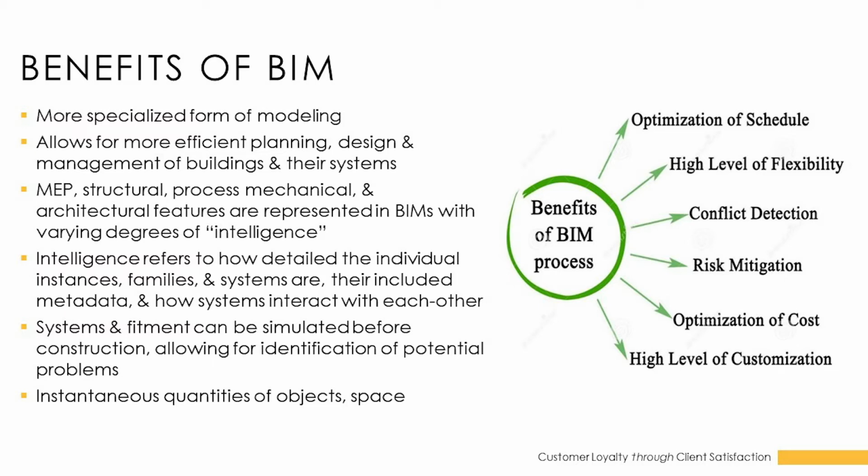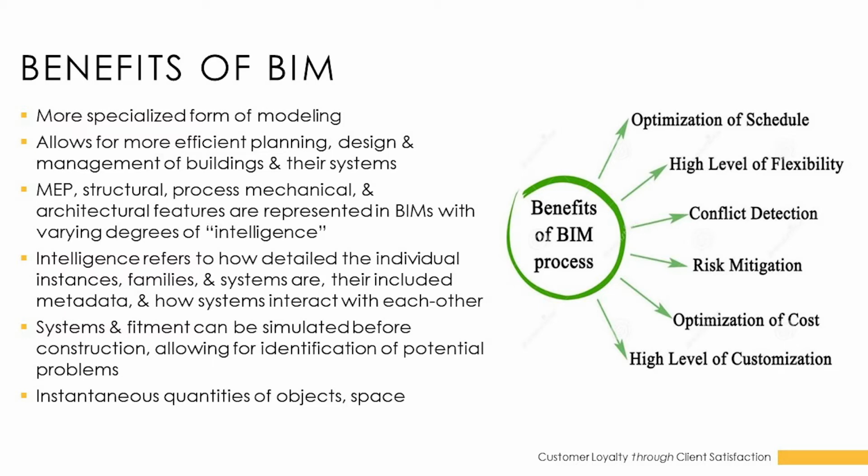Let's talk about the benefits of BIM. BIM, as we now know, is a more specialized form of modeling, building information modeling, specifically buildings. Some of the benefits you can see in that graphic to the right, but really it allows for more efficient planning, design, and management of buildings and their systems. Your MEP components, your process mechanical, your architectural components are represented in your BIM model with varying degrees of intelligence. And I keep using this term, but let's define it.